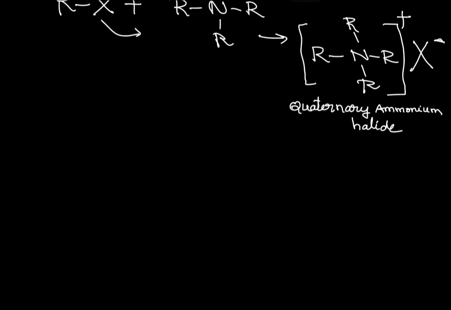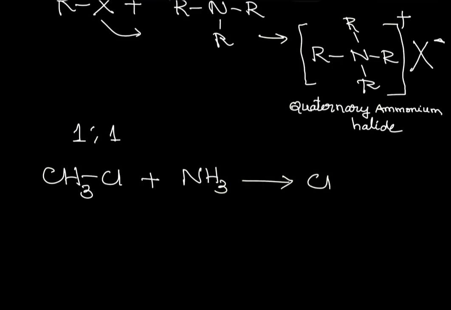But if you take a 1:1 mixture of an alkyl halide, let me take CH3Cl as one example, and ammonia, you will get methylamine, CH3NH2, plus HCl.